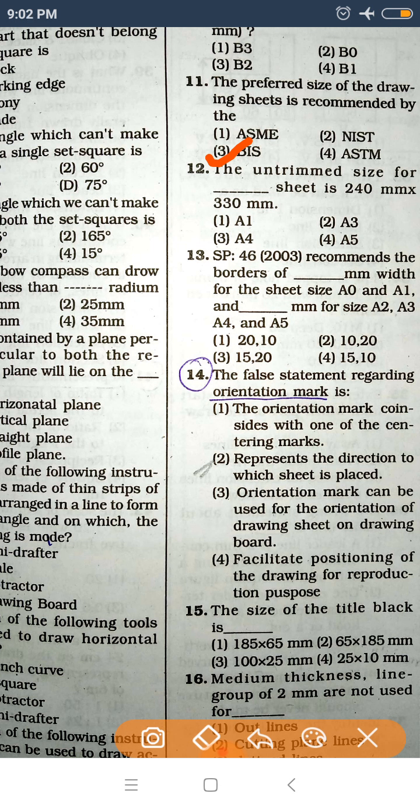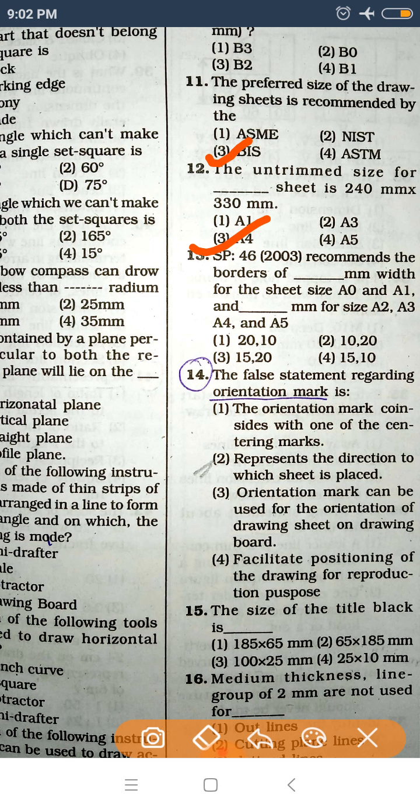Next question. The untrimmed size for sheet 240 mm cross 330, it is A4 sheet, and the trim size is 210 cross 297. Next question. SP 46203 recommends the borders of dash mm width for sheet A0.